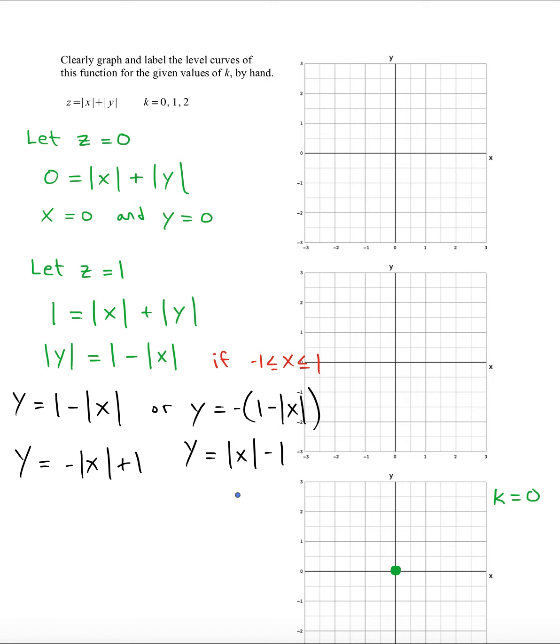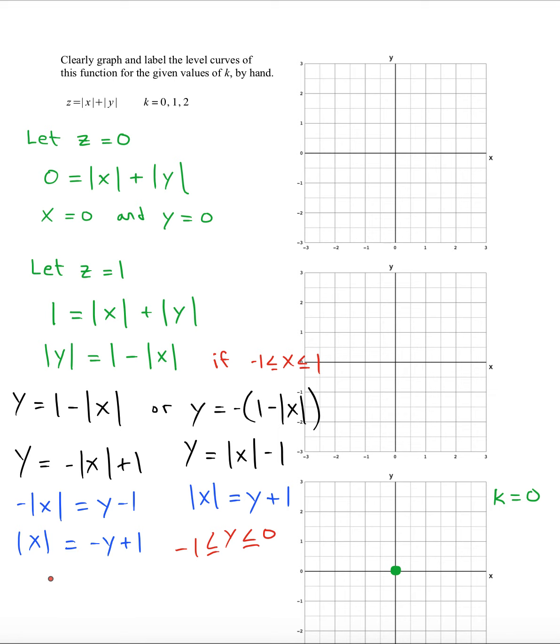Now let's try to rearrange here. Okay, now what are the restrictions? Y has to be between 0 and -1 for this equation to work.